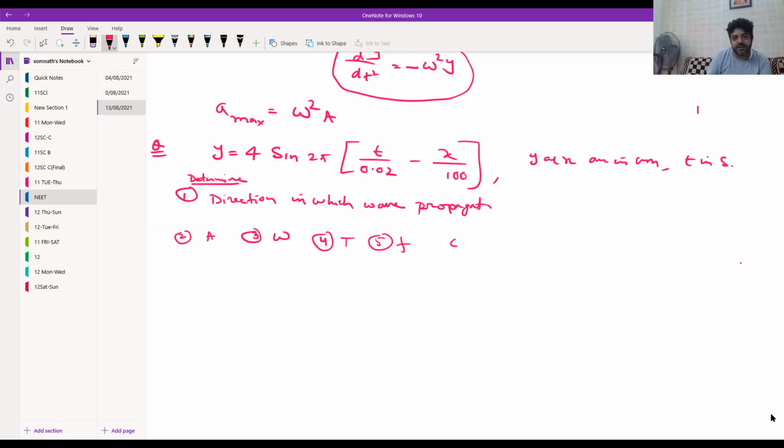Number 6, wavelength. Number 7, propagation constant, which is represented by k, that is 2 pi by lambda. Number 8, velocity of the wave.